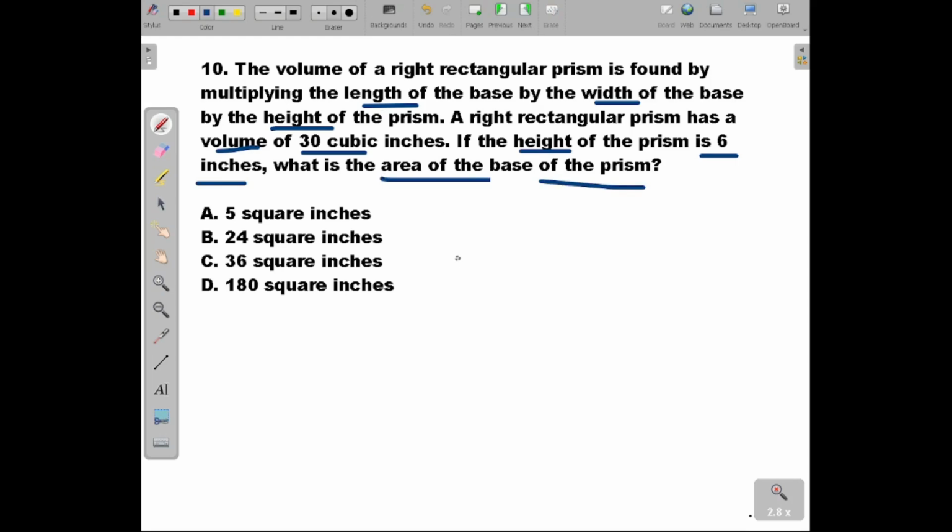So here it says that the volume of a right rectangular prism is found by multiplying the length of the base by the width of the base by the height of the prism.